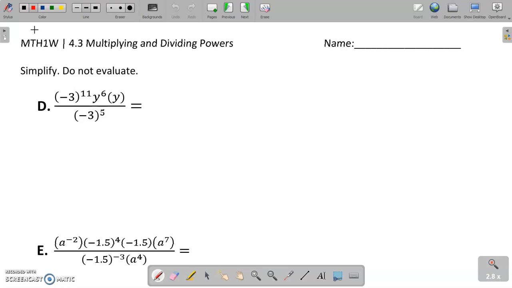So remember, anytime you're dealing with exponents, we have a base to a certain exponent. And the b we call the base, and the n we call the exponent.